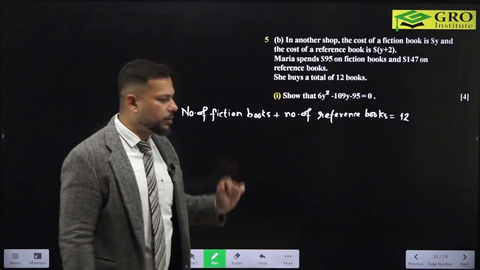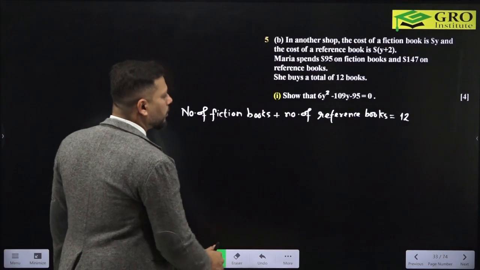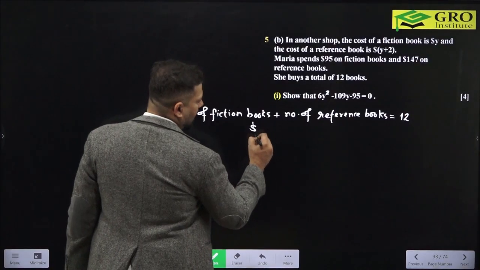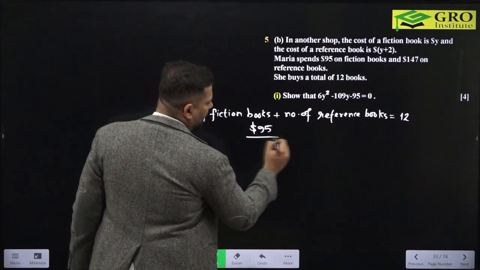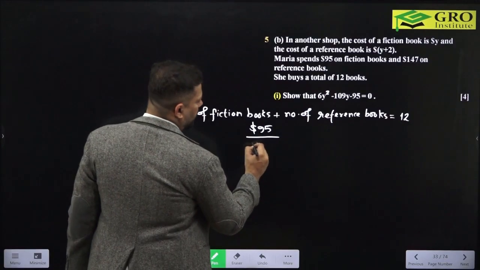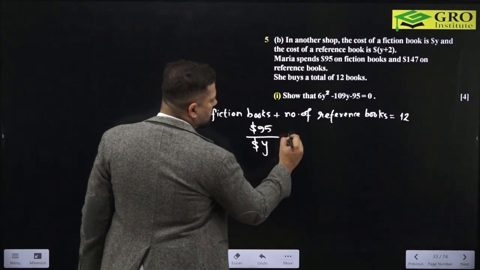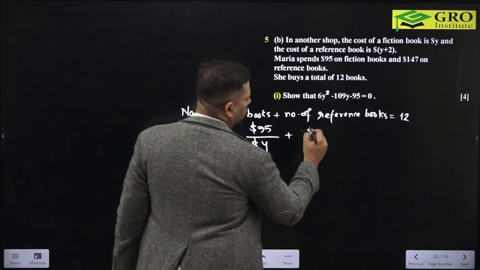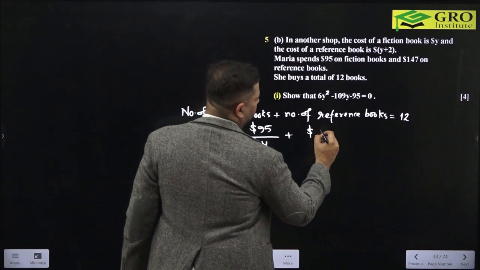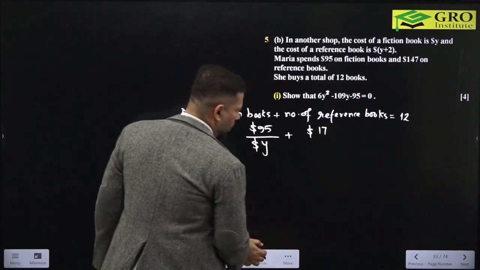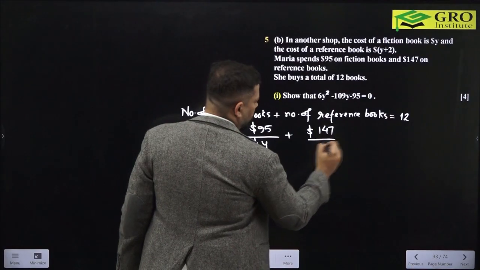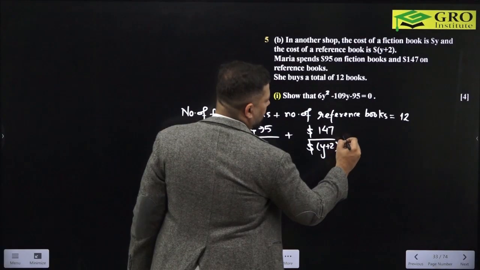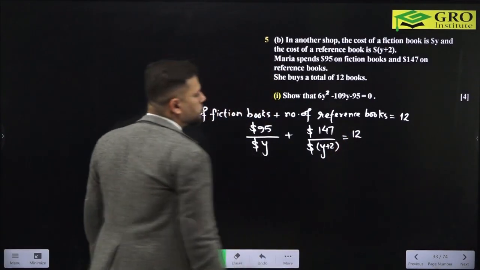This is the required equation. Now if I write it, number of fiction books will be what? The total cost spent on fiction books is $95 divided by the cost of one fiction book, that is y dollars, added with the number of reference books will be the cost of the reference books, that is $147, divided by the cost of one reference book, that is y plus 2, is equals to 12.